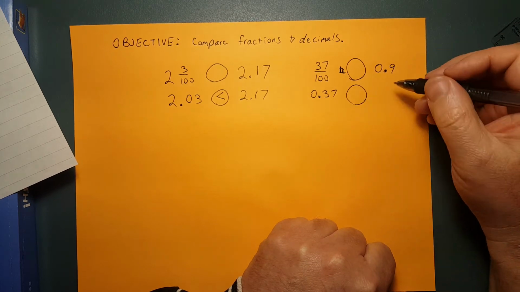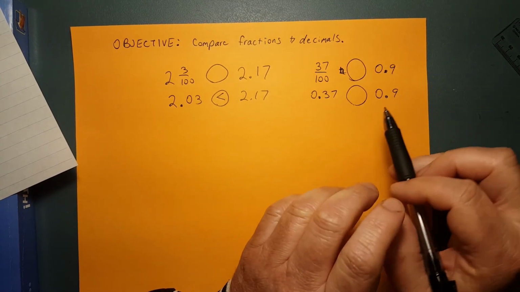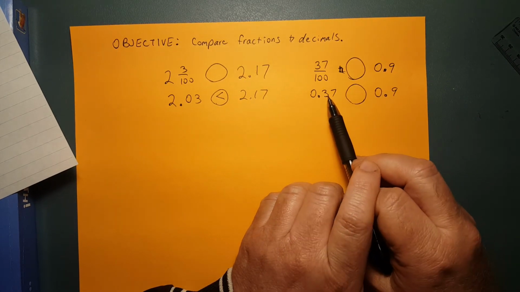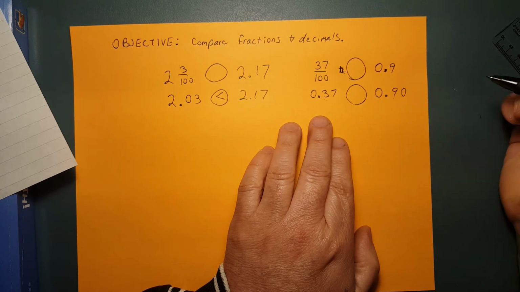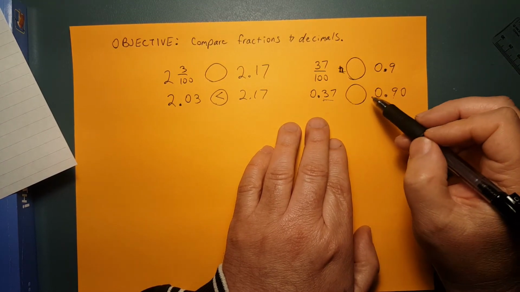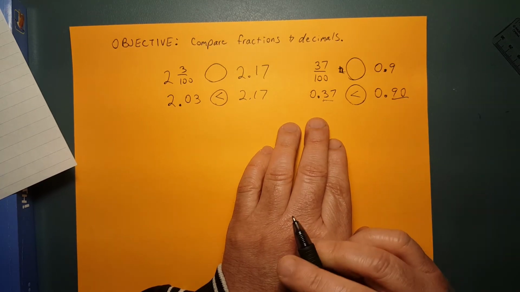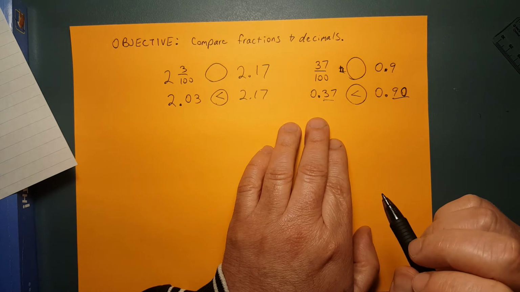And this is 9/10. But a lot of people are tricked and they think that this one's greater. But remember, this is 9/10 and 0/100ths. So now it's obvious that 3700ths is less than 90/100ths. So sometimes you want to fill in that extra space just to make it easier on yourself.